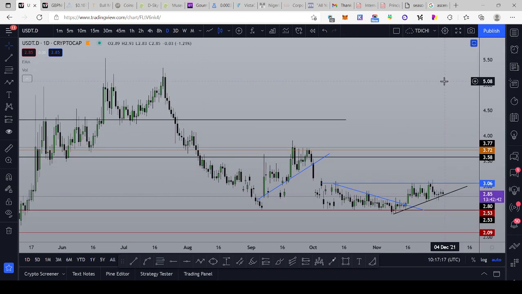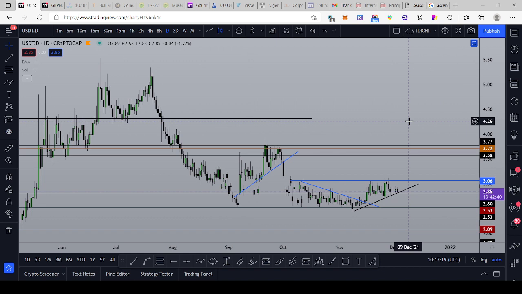Like I've been reiterating on Twitter lately, watch these guys with a bit of caution, because you see an ascending triangle right here. We had it dancing between this level, this triangle.